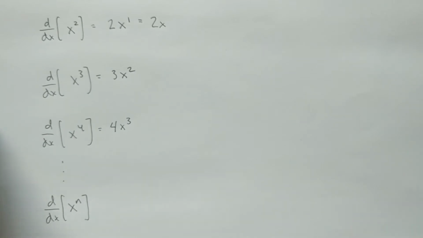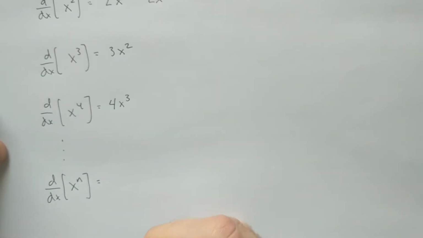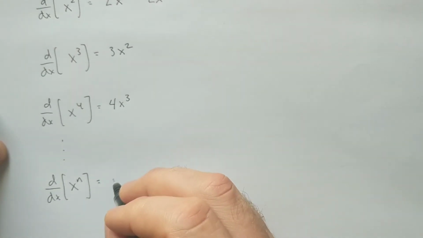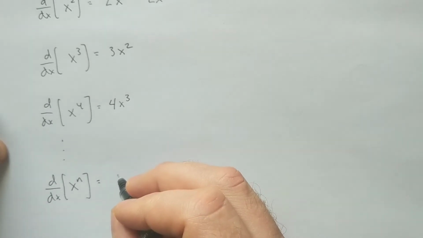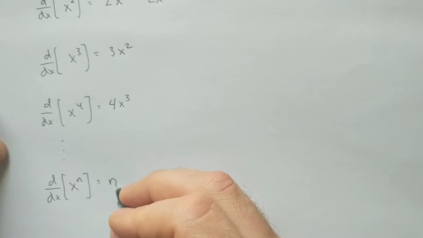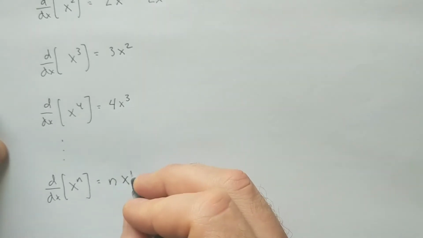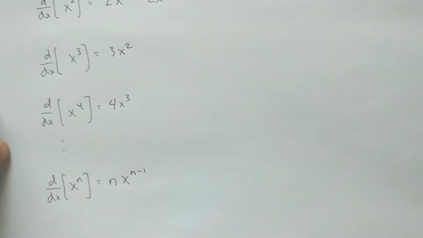So it's pretty easy to follow once you see how it works. And the general rule looks something like this. If I have x to any power, then I can pull the exponent out front as the coefficient, and then take 1 away from the exponent, and that becomes my new exponent.